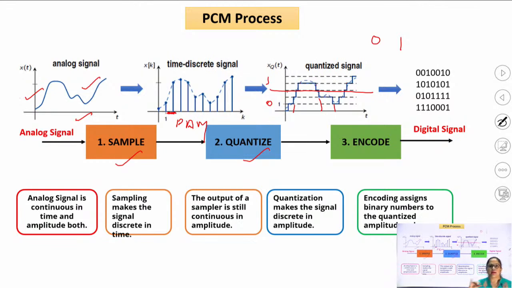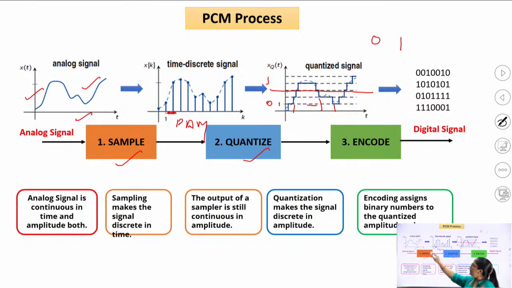So this is quantization. In quantization we discretize the amplitude axis, and then we assign binary to each level. The more levels there are, the more bits we are required to assign. So it will depend on how many bits we have, and according to that we will assign levels to our continuous signal.